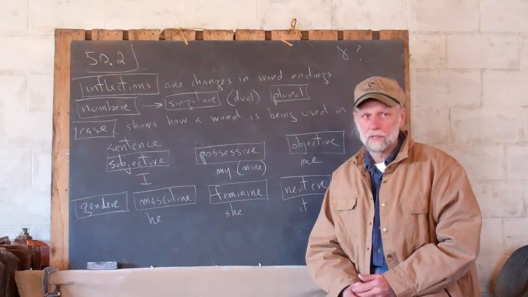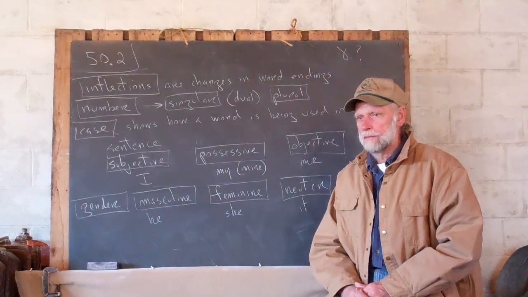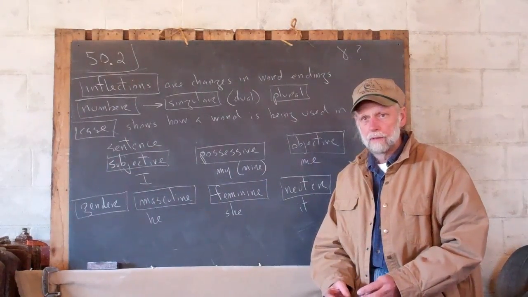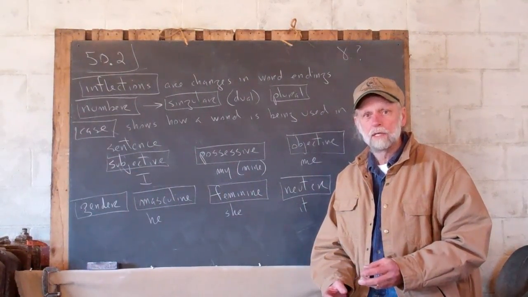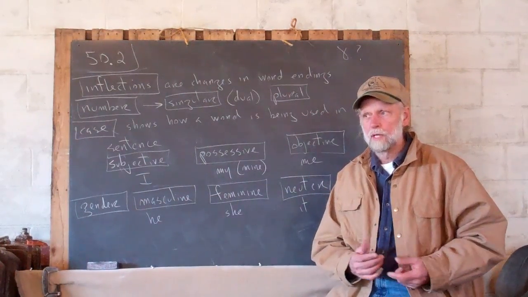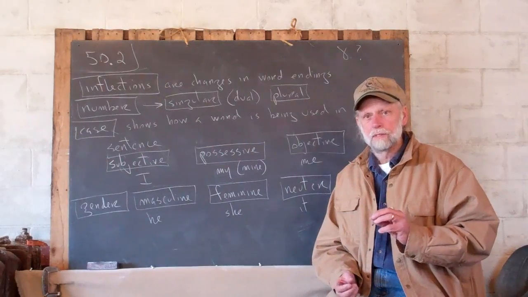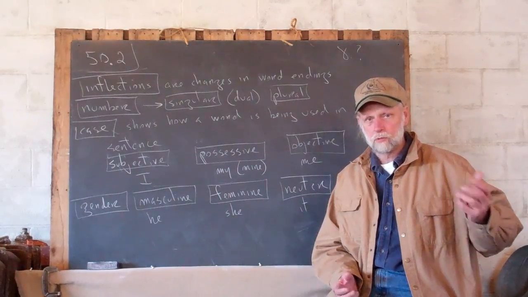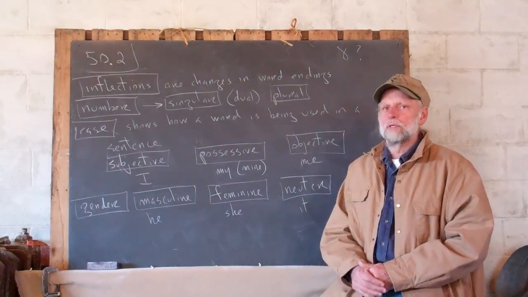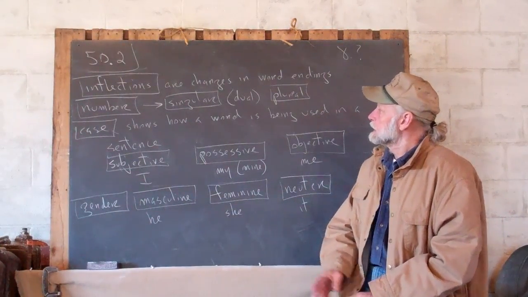If a Chinese person doesn't know English well, that person might say something like, "The two boy yesterday walk to the store." Well, we would say, "The two boys yesterday walked to the store." They do not naturally put the inflections on there.